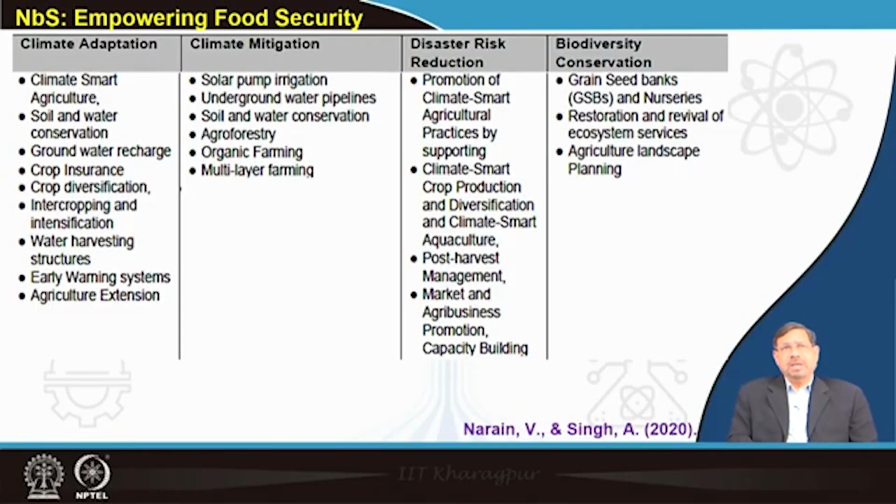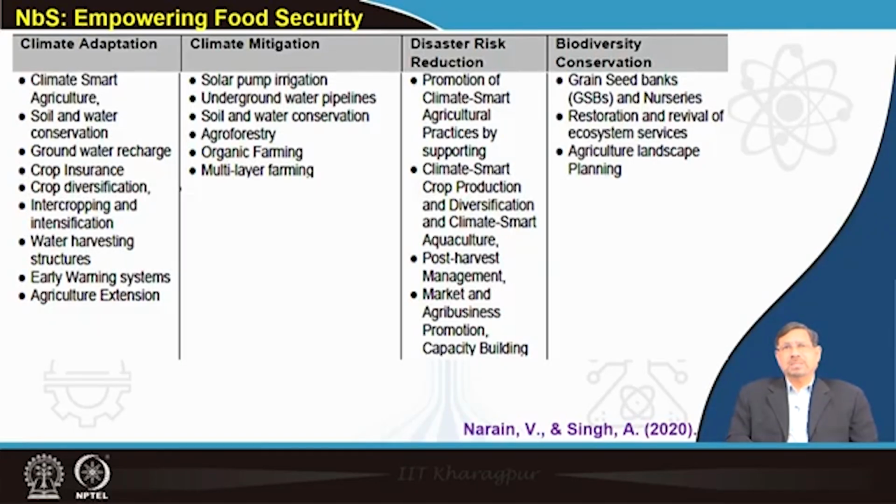Many of these are attributed under nature based solutions, and they help towards adaptation activities as far as the climate is concerned. In terms of mitigation, solar pump irrigation, soil and water conservation, agroforestry and multi-layer farming all fall under nature based solutions.